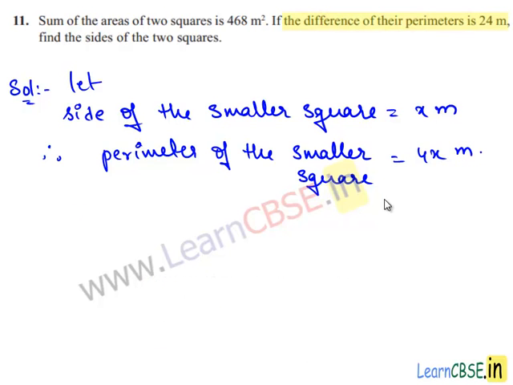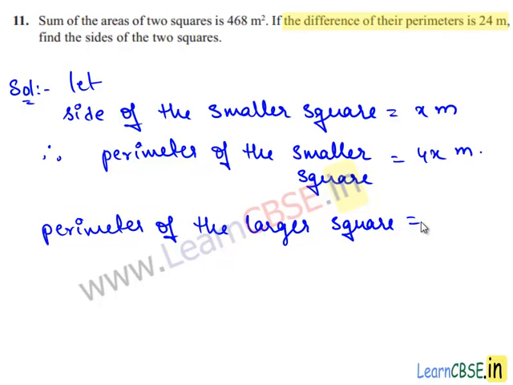Since it is given in the question that the difference in their perimeters is 24 meters, so definitely perimeter of the larger square is equal to 24 more than the perimeter of the smaller one, that is 4x plus 24 meters.